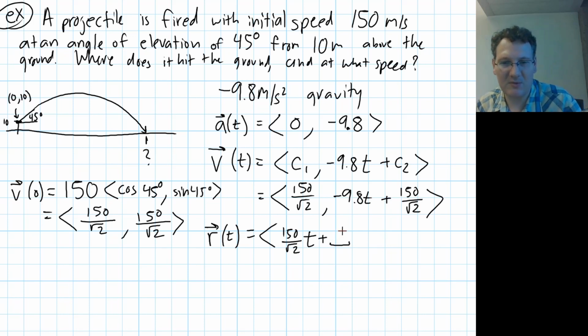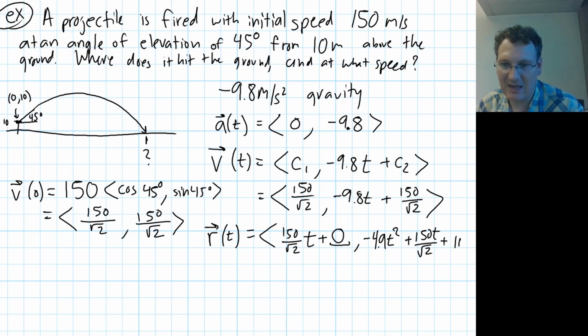So it's actually going to be 0 horizontally. And then we have negative, it's actually going to be half of this now because it's going to be t squared. So that's going to be negative 4.9 t squared plus 150 t over root 2 plus the starting height, which is at 10.